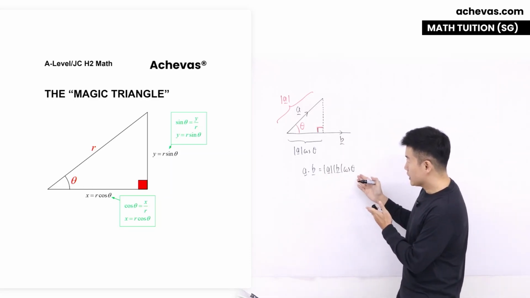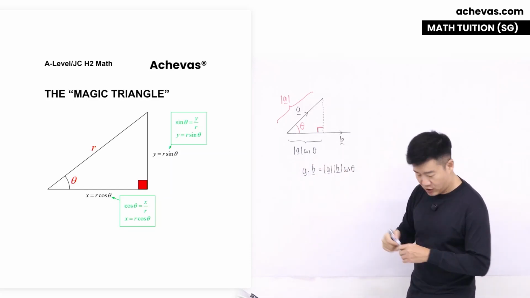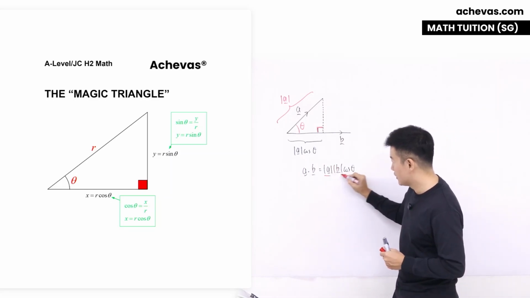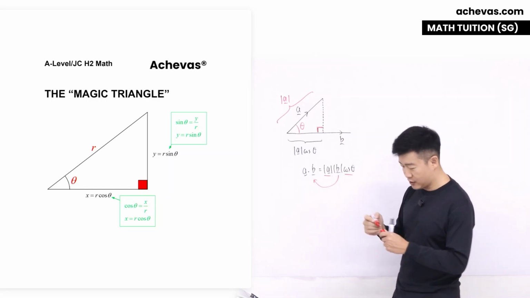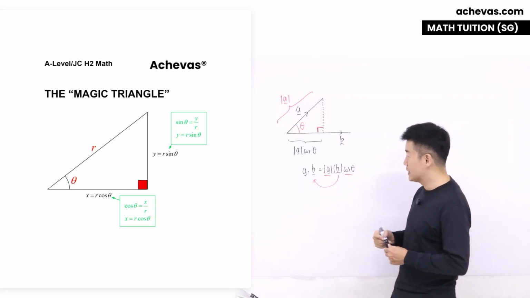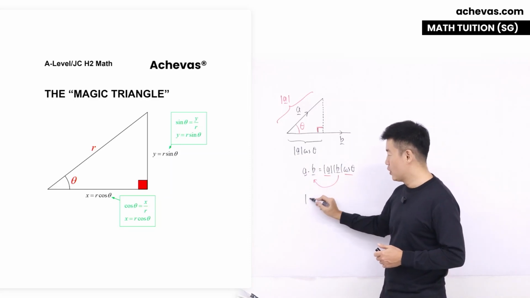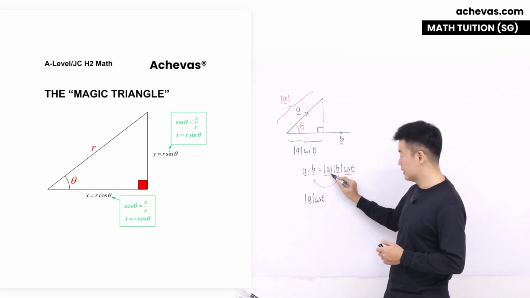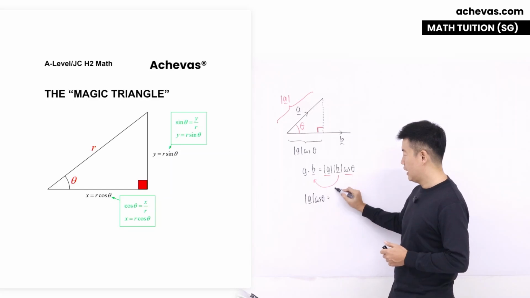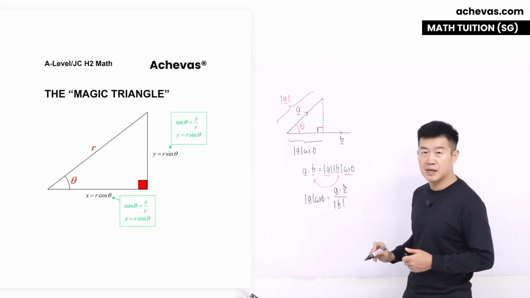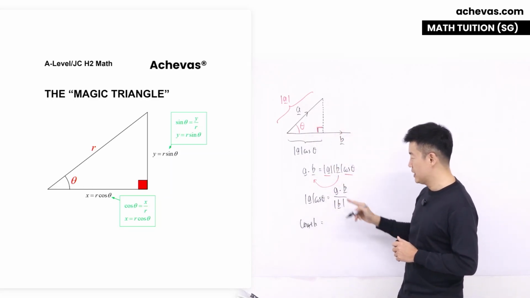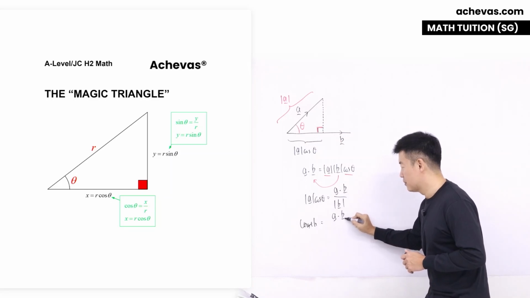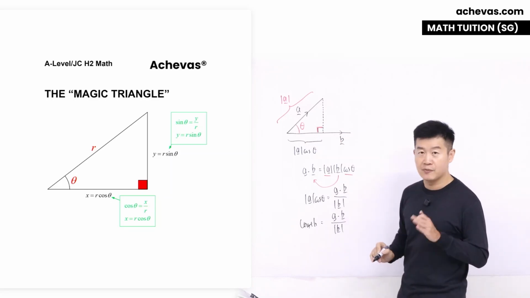From this equation we have modulus of A cosine theta, so modulus of B, which is a scalar quantity, I can just divide across to the other side. So now we have an alternative way to calculate modulus of A cosine theta, which is equal to A dot B divided by modulus of B. So the length of projection of A onto B is A dot B divided by modulus of B.